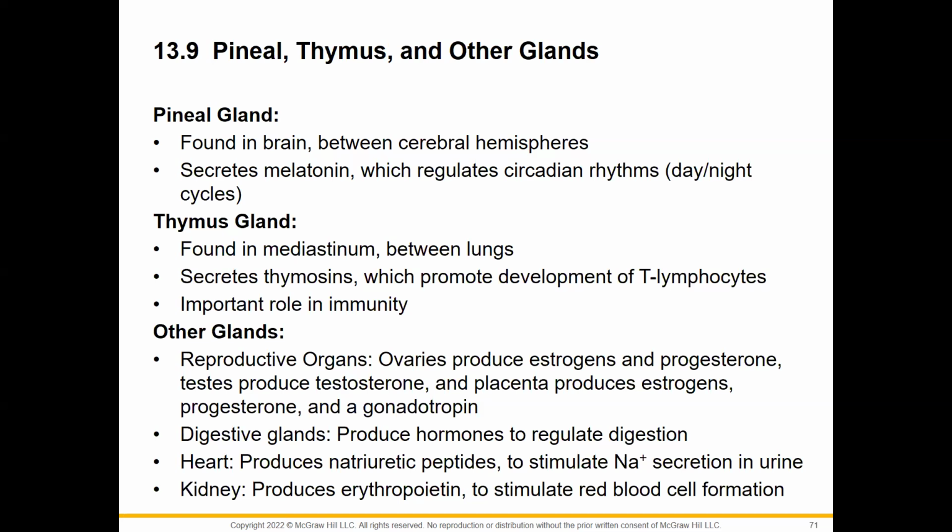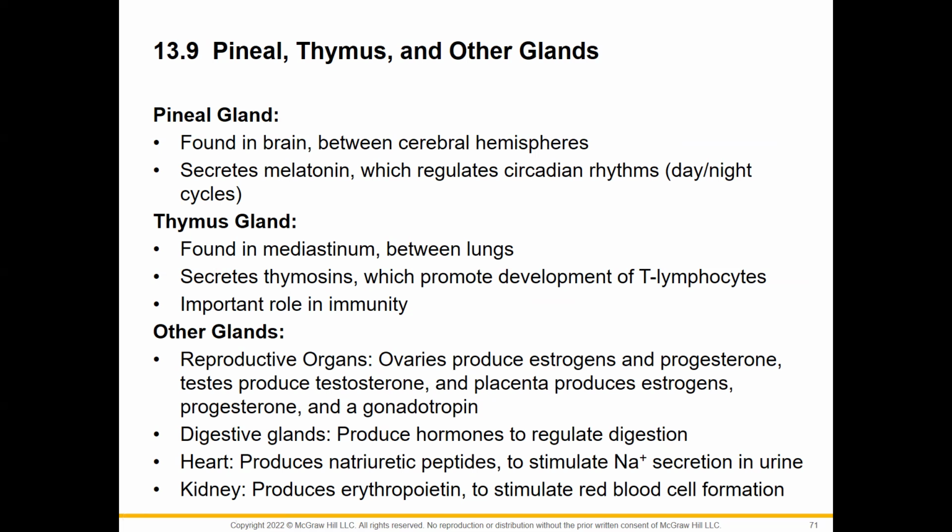The functions of the pineal gland, or some of the functions of the pineal gland, secrete melatonin. Melatonin, you may have heard of before because it is an over-the-counter supplement that people take to help them sleep. Your body actually produces melatonin in your pineal gland, and that is part of what helps to regulate your circadian rhythm.